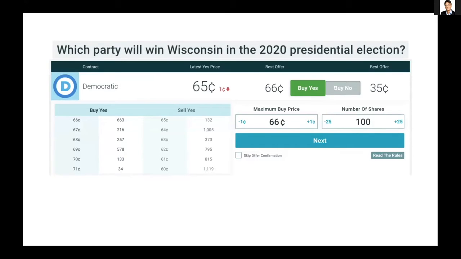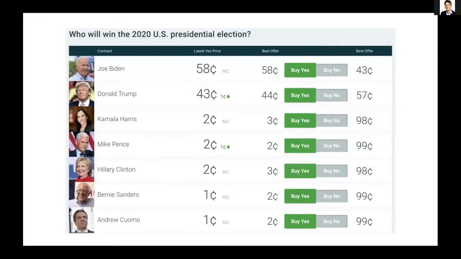So if you buy 100 shares on Democrats to win Wisconsin at 66, that will pay off $1 each if that happens, and you lose your 66 cents otherwise. Now, with PredictIt, you're going to have to pay a 10% fee on the profits. You don't pay anything if you lose. And that's going to distort this market in a way that I'll describe in just a second.